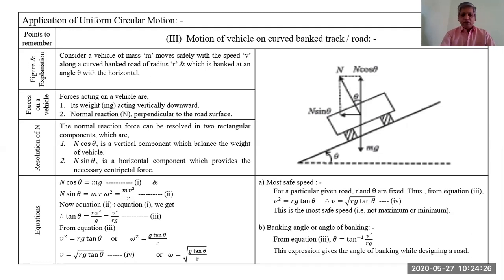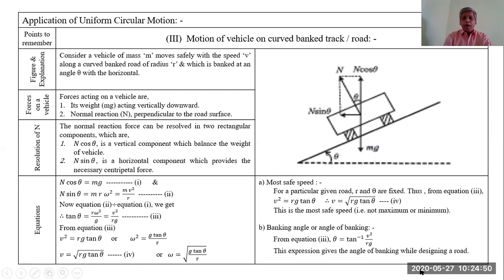But in practice, all the vehicles on the same curved road cannot travel with this speed. Some vehicles travel with a smaller speed, some vehicles travel with a larger speed than this most safe speed.